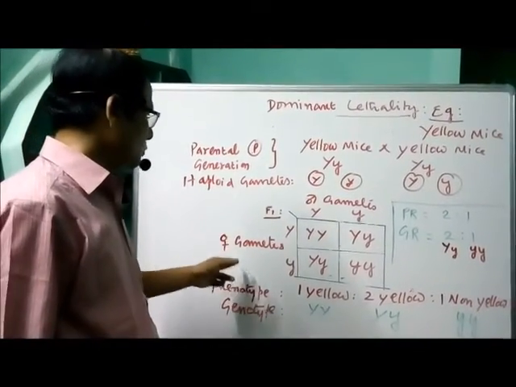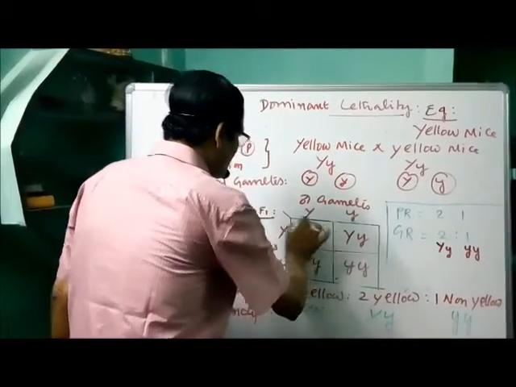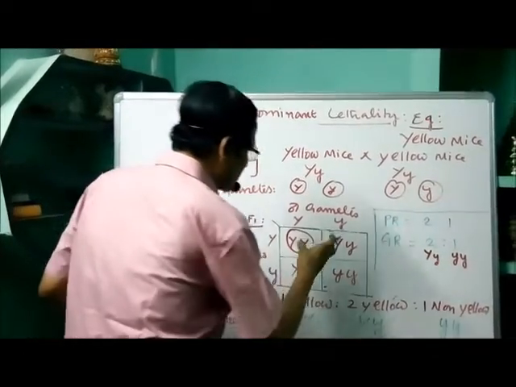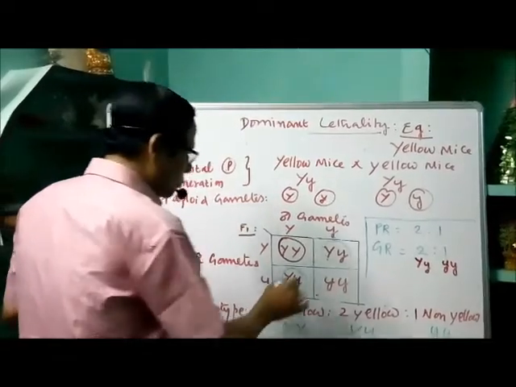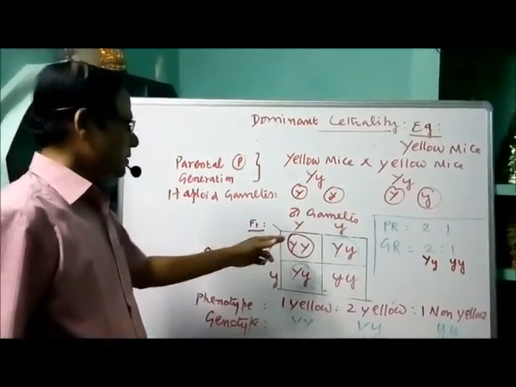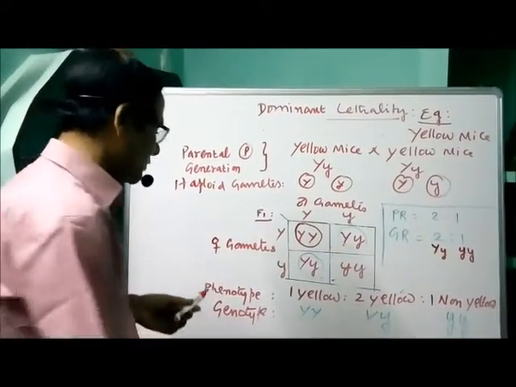Now, in this case, we are getting one homozygous yellow, two heterozygous yellow, and one homozygous non-yellow. Here, the dominant gene in homozygous condition causes the death of the individual.